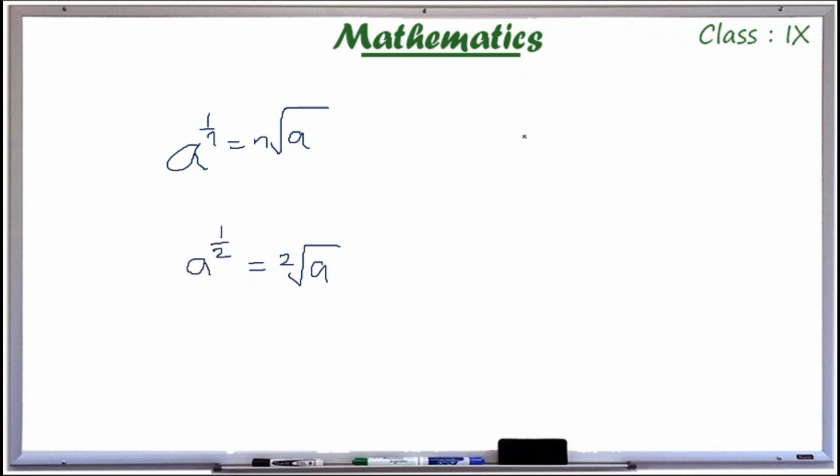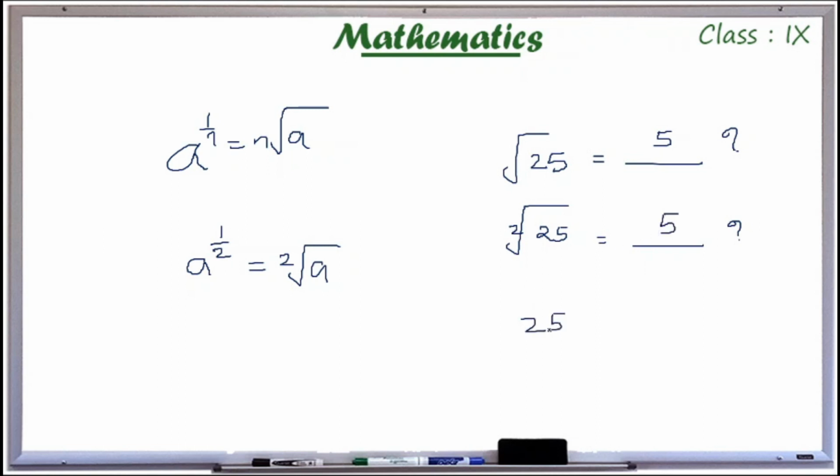Now I will give a question. Root 25 is equal to what? This is the question. You directly find it is 5. So when I give 2nd root of 25, what will be the answer? You will be a little confused, but the answer is same. It is also 5. And when I give 25 raised to 1 by 2, what is the answer?